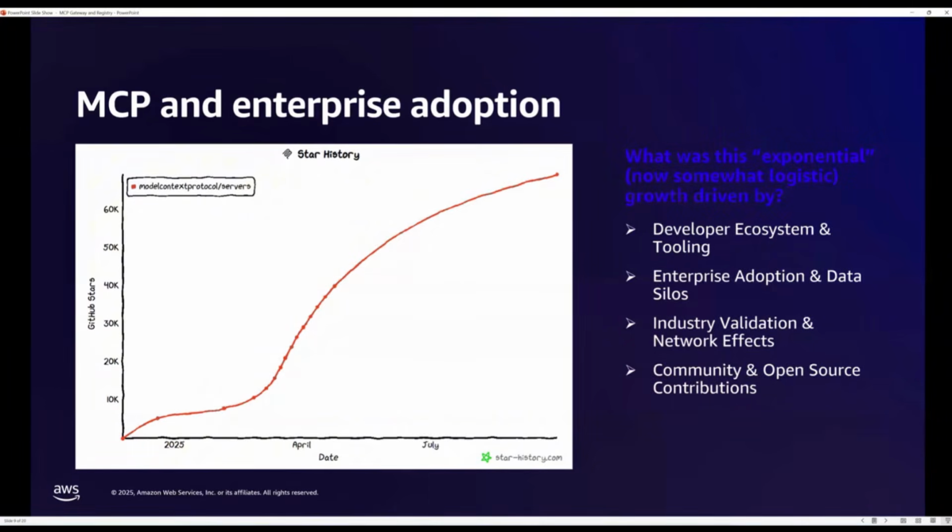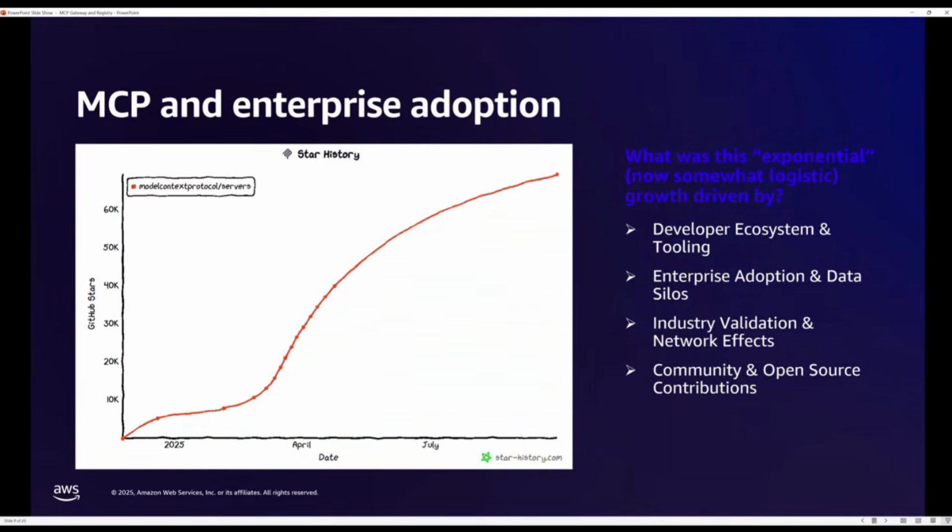So it speaks to the power of both open source and the adoption of MCP across the enterprise ecosystem, whether it is the developer tooling ecosystem or different organizations, OpenAI or AWS, Google, all talking about MCP.